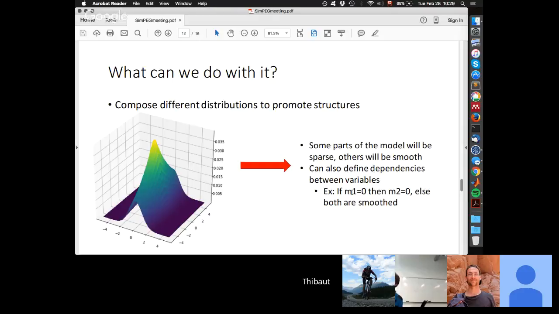For example, if you make M2 zero, and if both are non-zero, then regularize them in an L2 norm and stuff like that. So you can actually impose structure in your model with that. I haven't seen it done in geophysics yet, but I might explore that. I try to read, it's something at some point very new.